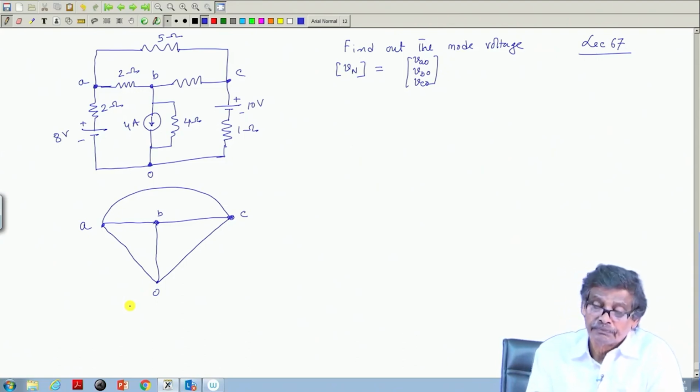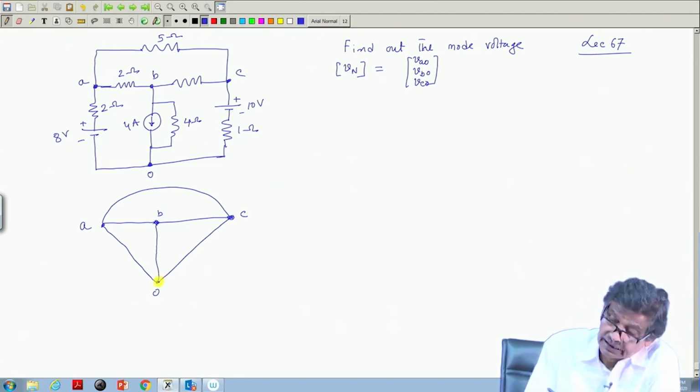And I want to make a directed graph. The assumed direction, directed means here the current directions. So, assumed direction of current is my choice. So, I will do it like this, and I have to name also the branches. So, let me do that.